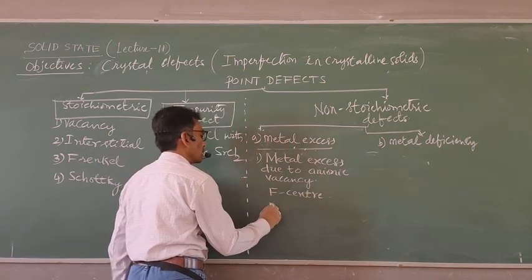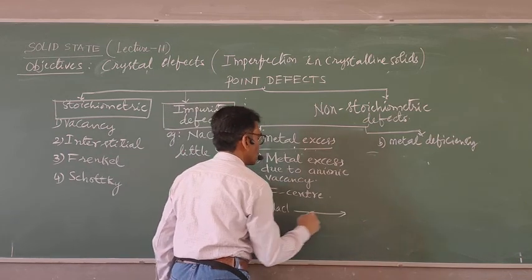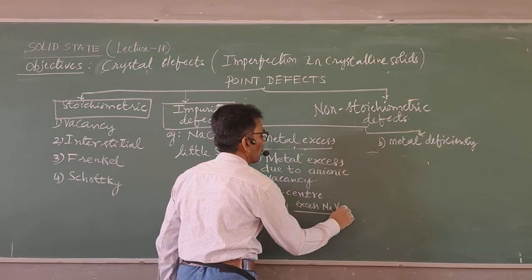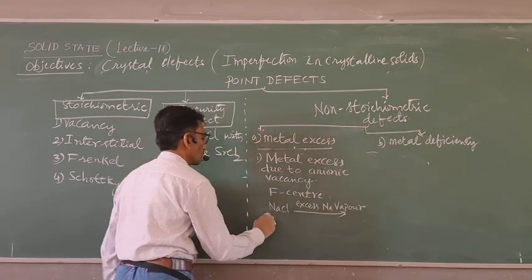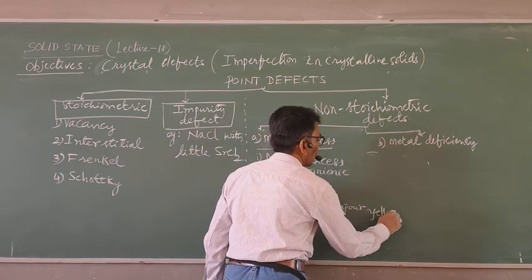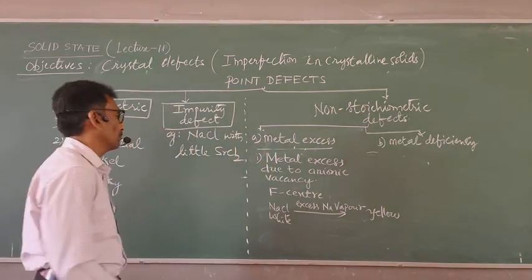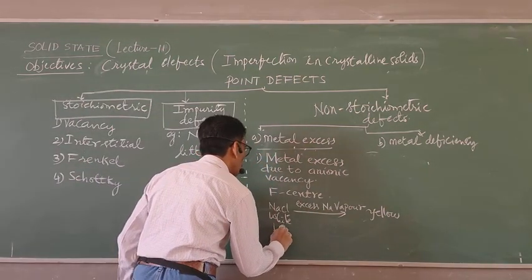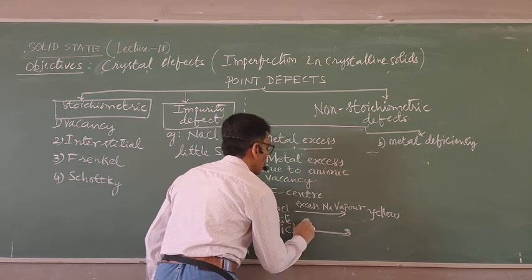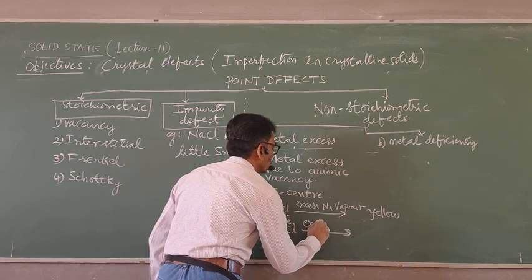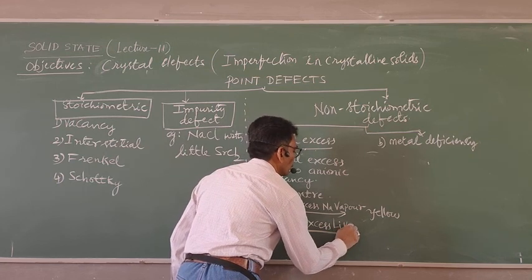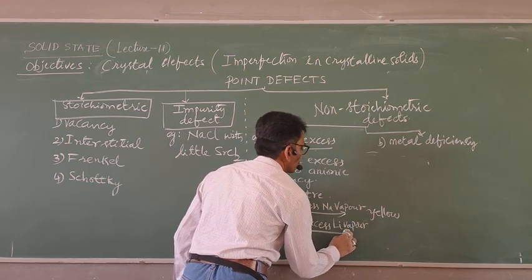Examples: NaCl with excess sodium vapor. Which color is generated? This is white color, and this white solid becomes yellow. Why yellow color? This is the answer you have. Next, lithium chloride with excess lithium vapor gives pink color.